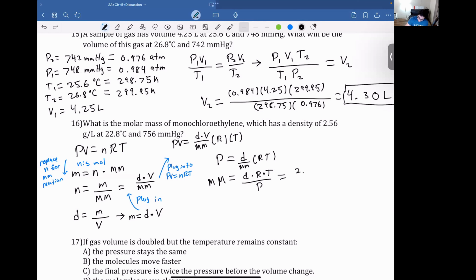So density is 2.56. I'm going to write down my units just to make sure I'm not messing this up. R is 0.0821, and this is in ATM per mole Kelvin.